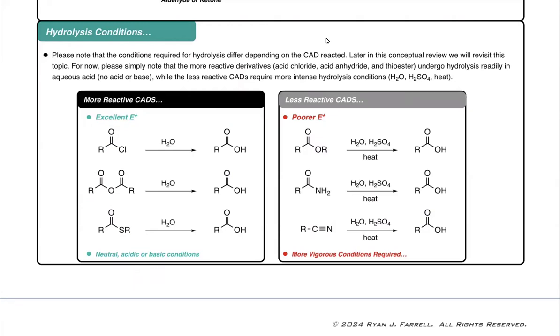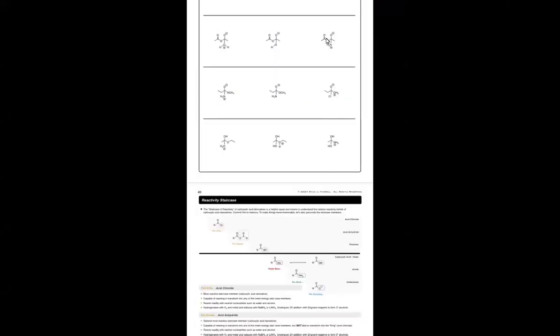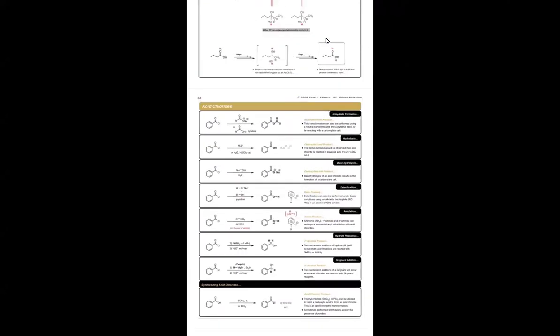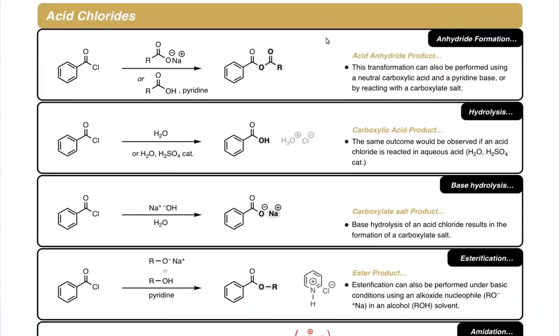Now, let me show you how that can ultimately be applied to thinking about the reagents required for a transformation. Let's say we come down to our reaction summary page here. Let's say in a hypothetical, you were asked to provide the reagents required for this transformation up top here. Okay, you were asked to supply reagents to go from the acid chloride to the acid anhydride. You would imagine looking at that acyl substitution slice point.